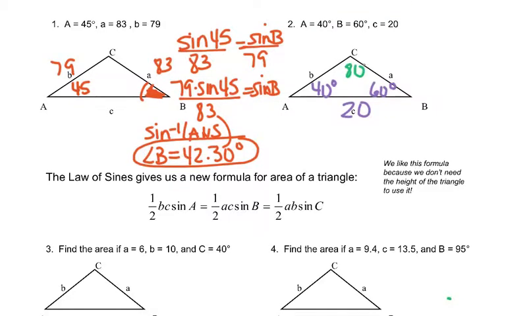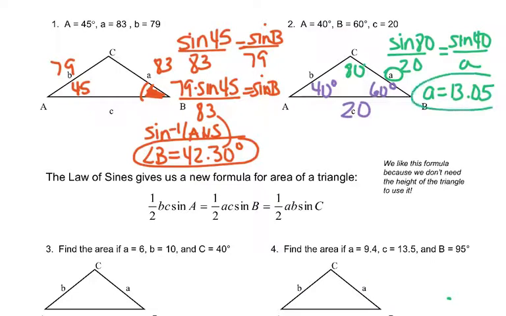And then I can use that 80 degrees if I want to say sine 80 over 20. Let's say that I'm trying to find side a, so we'll try and find that one. That would equal sine 40 over a. And again, I would just cross multiply that, put everything in my calculator, make sure I'm set in degrees, and get 13.05. So those are the two examples of law of sines, one finding a side, one finding an angle.